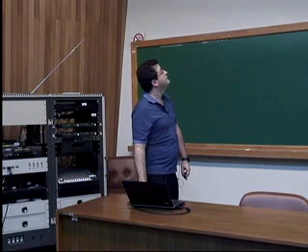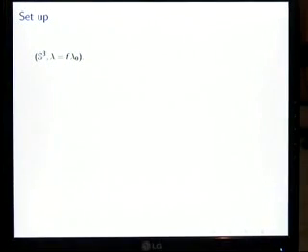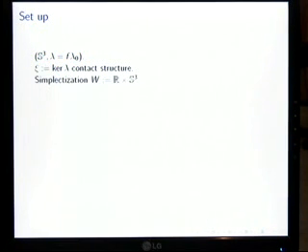So again, the setup is S3 with the tight contact form, f lambda naught. We have the contact structure, which is given by the kernel of this form, and we consider the symplectization of S3.